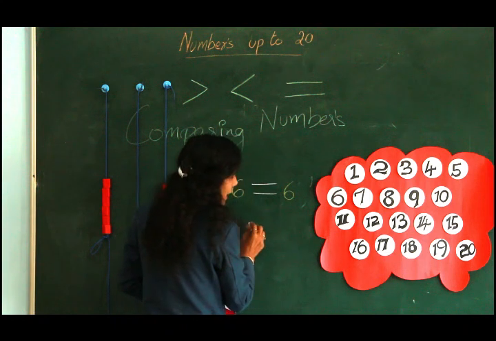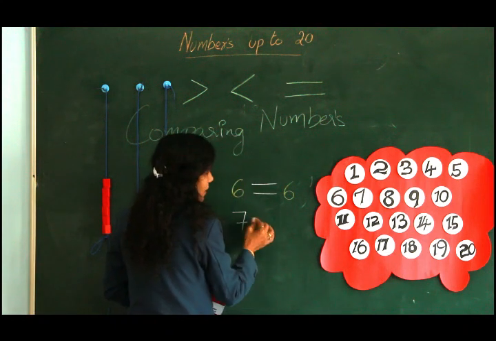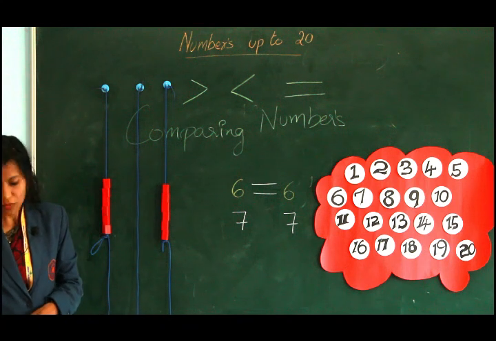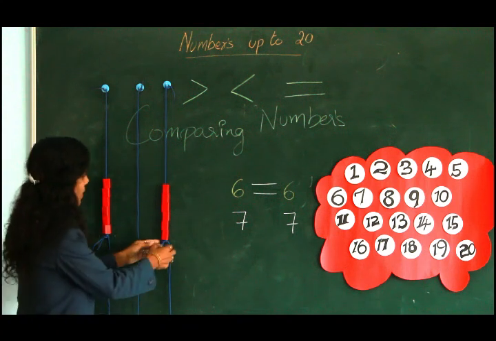Another number if you take 7, 7. So putting 1 bead in both.